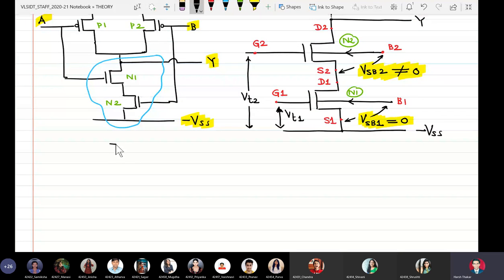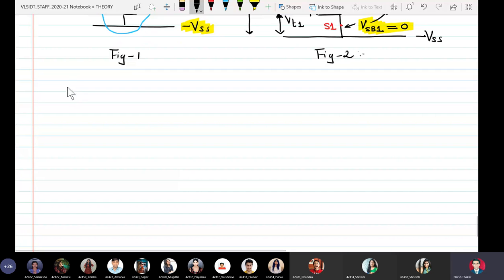So we can conclude about figure 1 and figure 2.